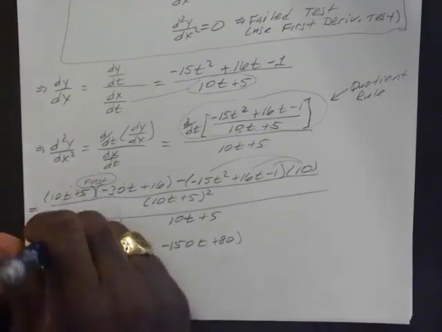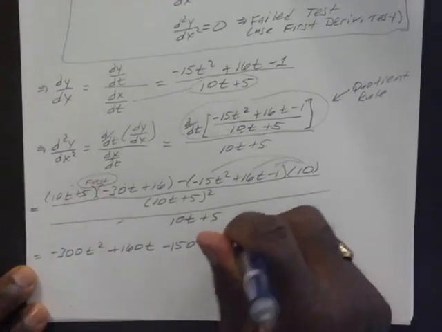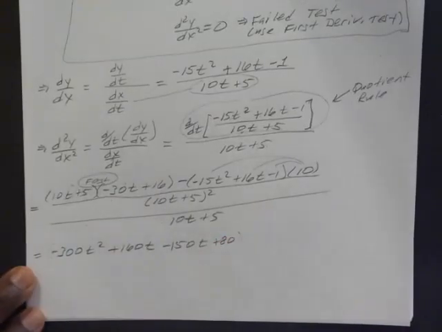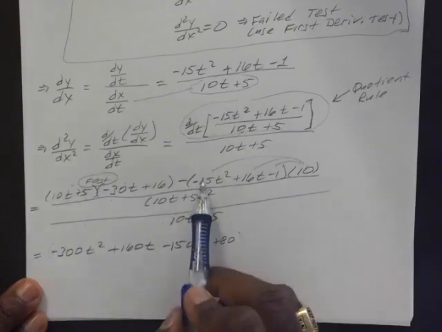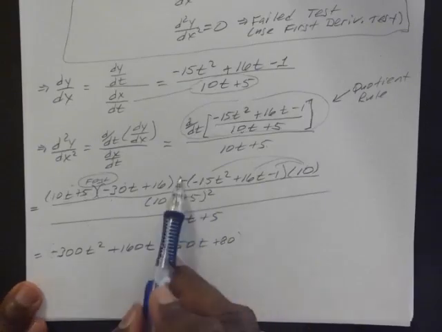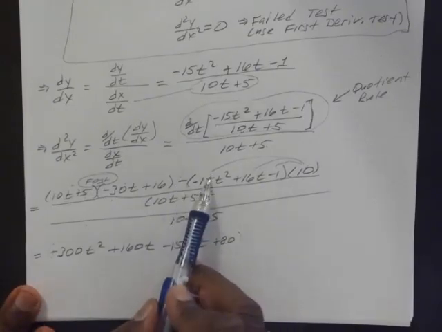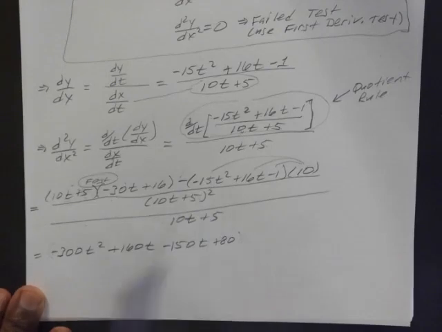Actually, I might as well do it all together instead of adding unnecessary steps. Okay, so 10 times negative 15 is negative 150. But if we distribute this negative, that makes it positive 150t squared.